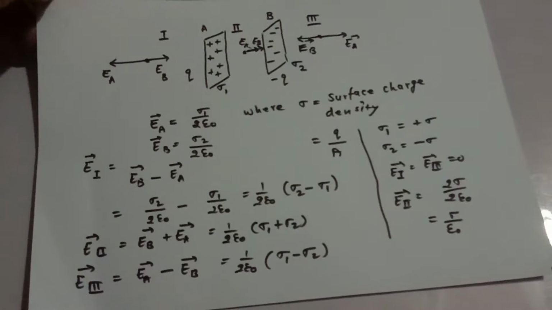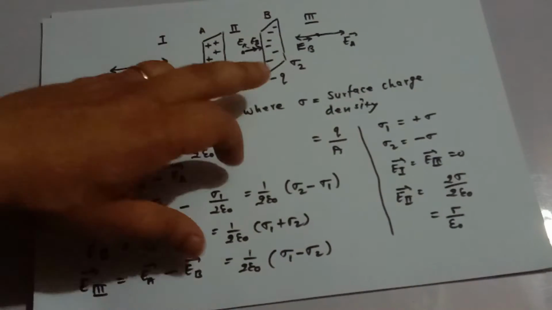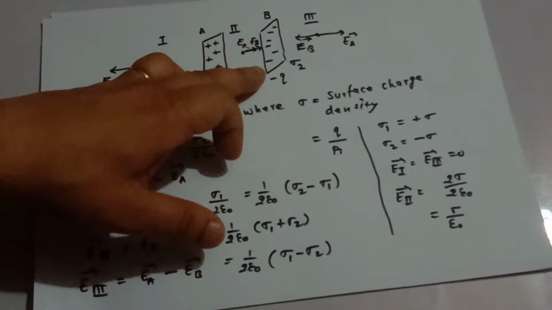By using this result we will calculate the electric potential between these two plates, and then find the capacitance of this parallel plate capacitor.